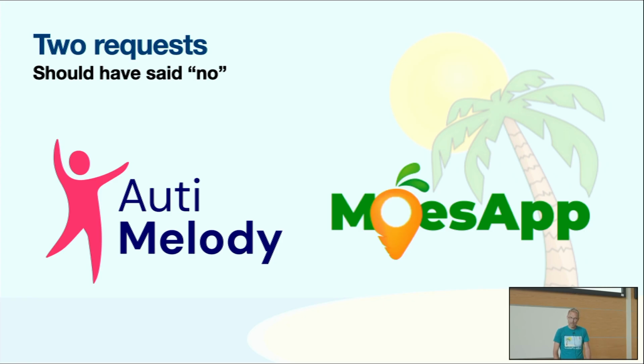And AutoMelody is an app that's used in communicating with people with autism and a limited intelligence. Turns out it's quite difficult to communicate with these people. A friend of ours, their family, they have a child which lives in a care home because it's very difficult to have her.